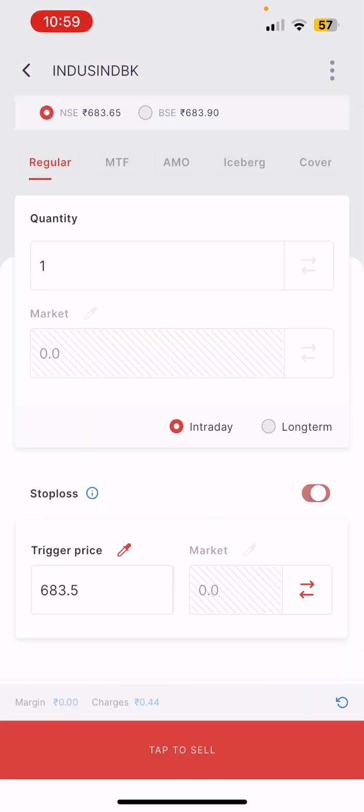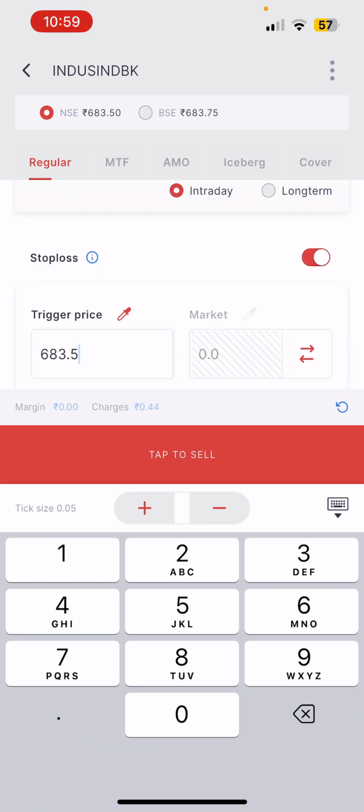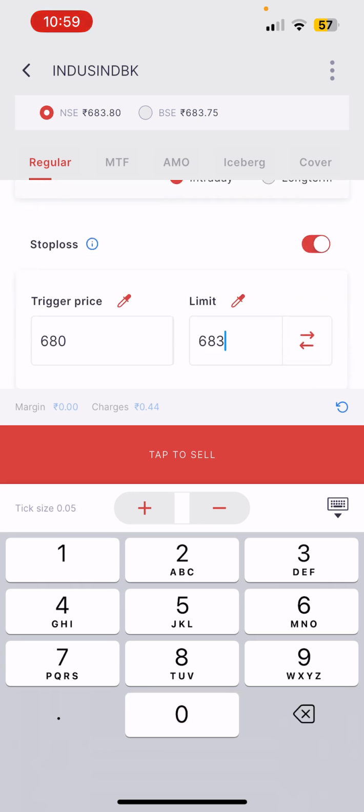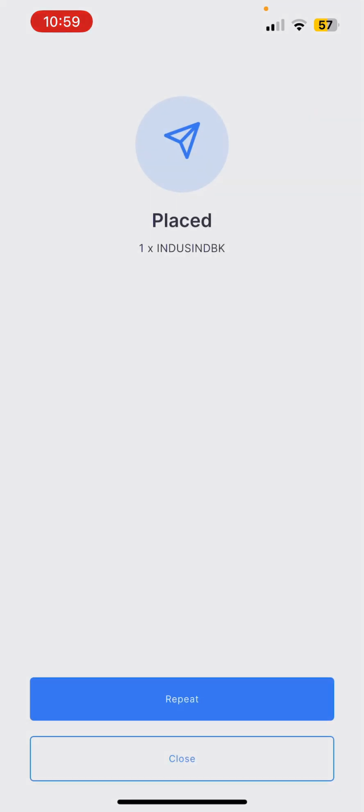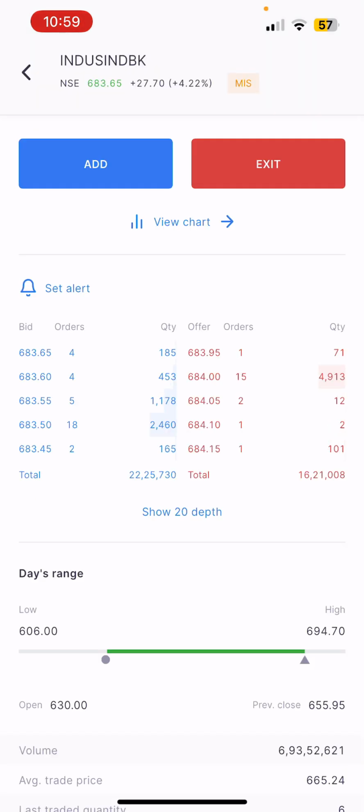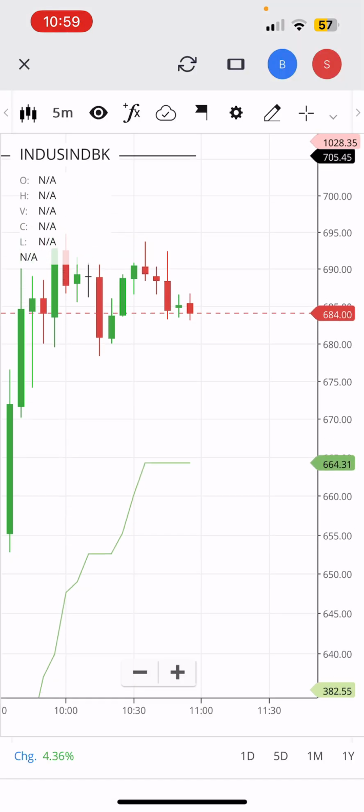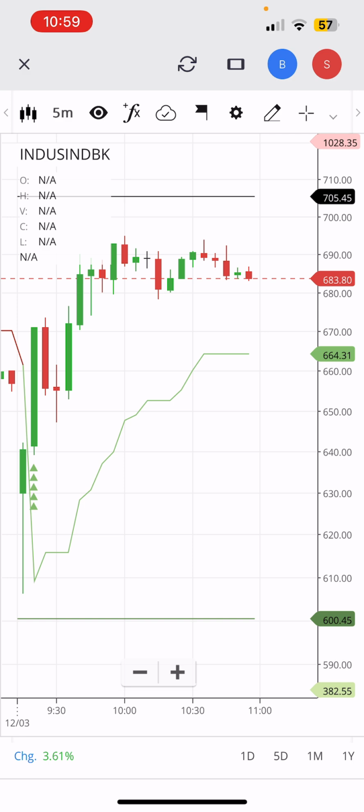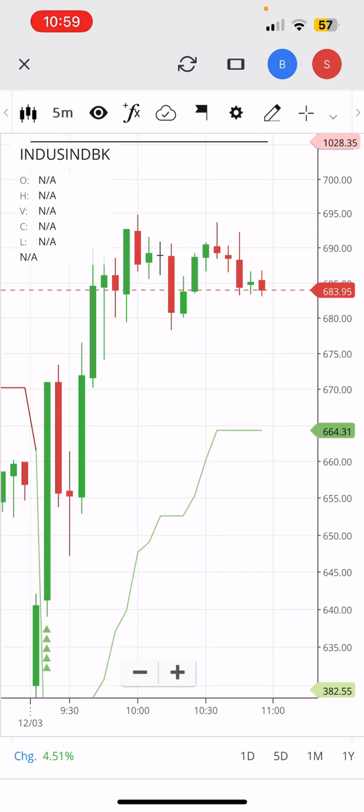I will put SL at 680. I'm sure that SL might hit, because this candle is not the entry candle. Entry price should be around 695, because there is a double top resistance. So now this is going to hit my SL, that's okay. I just wanted to show you guys.